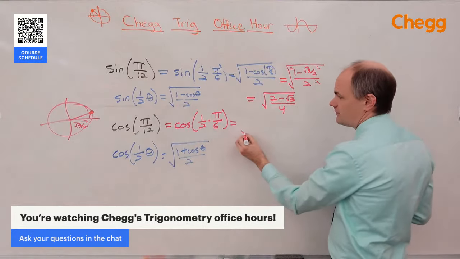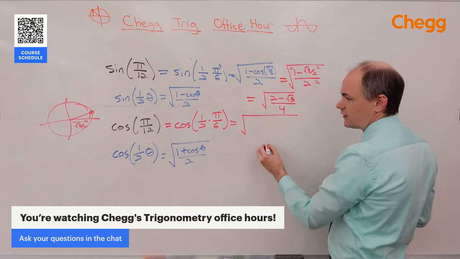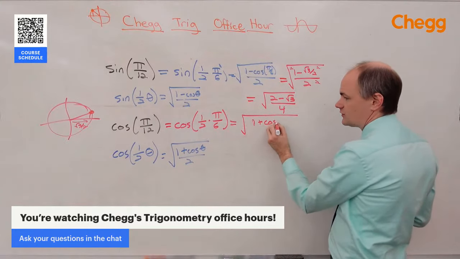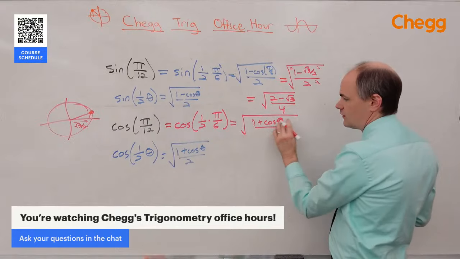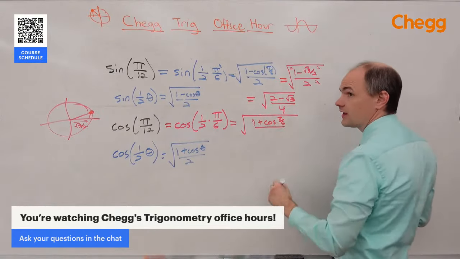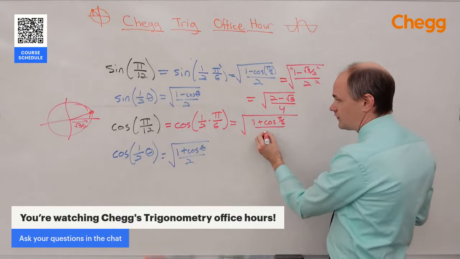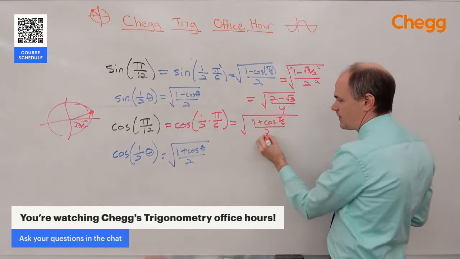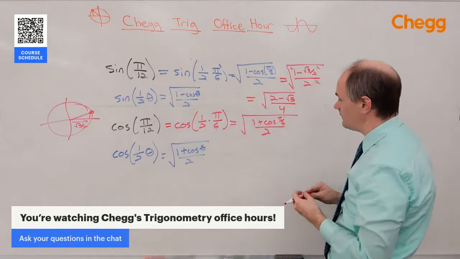Well, using our formula, that's the square root of 1 plus the cosine of, in our case, pi over 6, and all over the 2 from the formula.